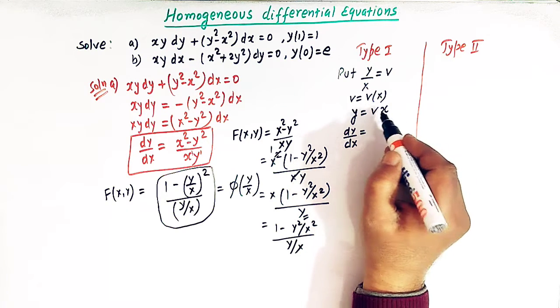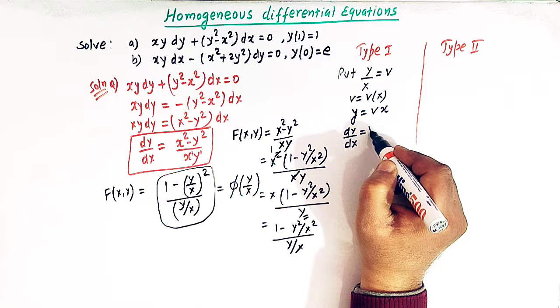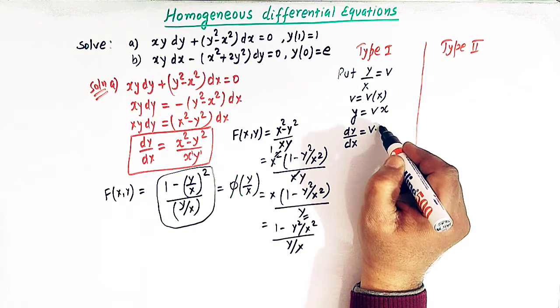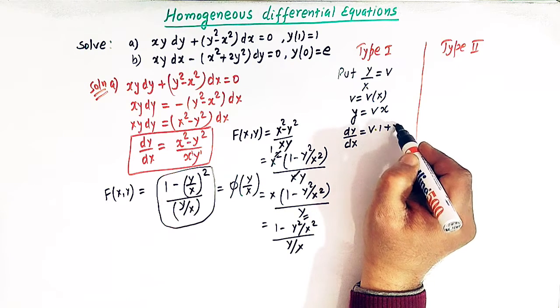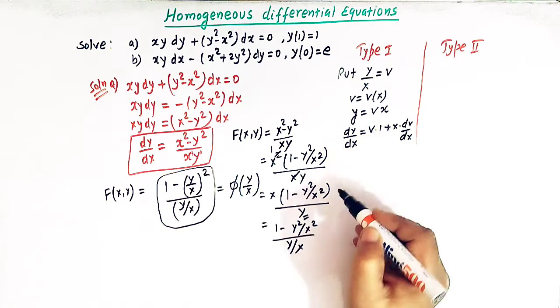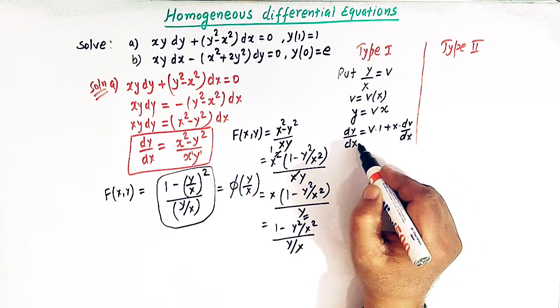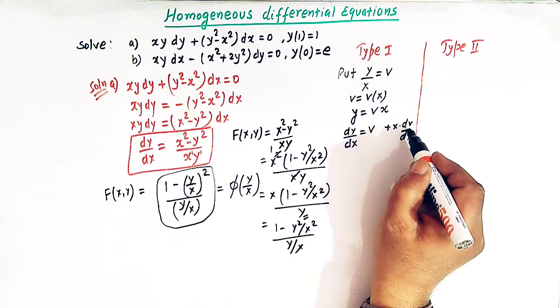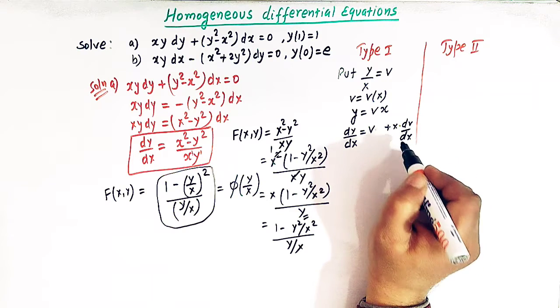And here we have the product rule. So the first function, derivative of x with respect to x, that is 1, then x, and then dv over dx. So we'll take dy over dx is equal to v plus x times dv over dx.